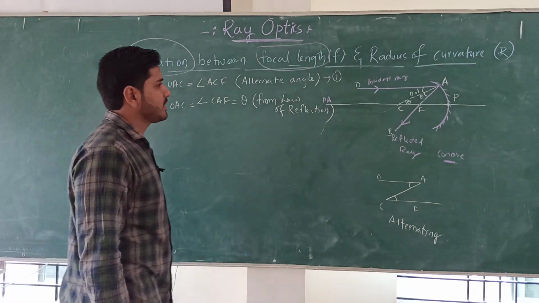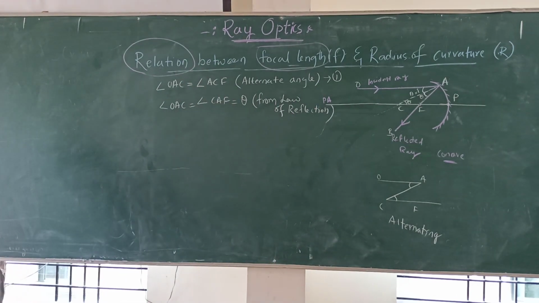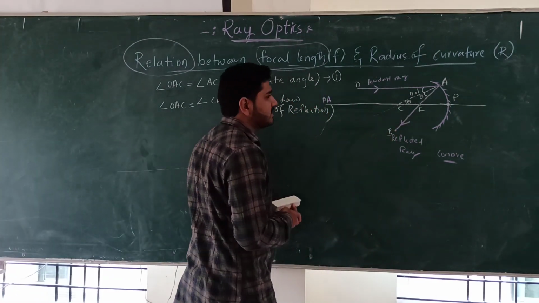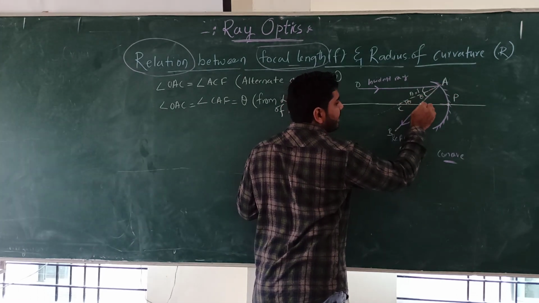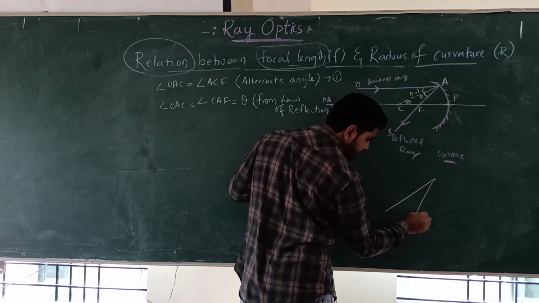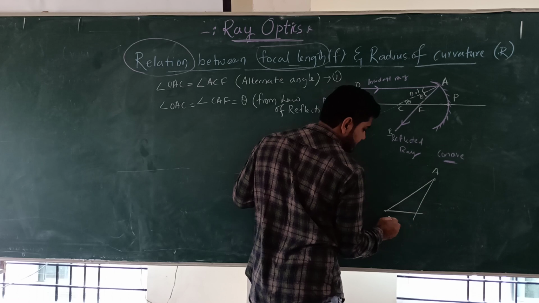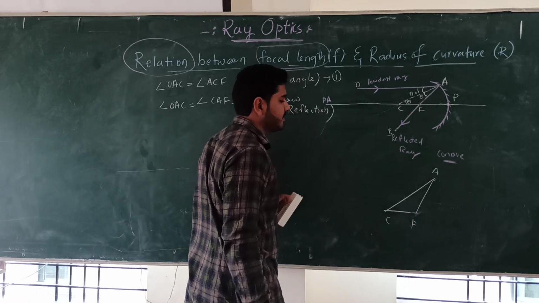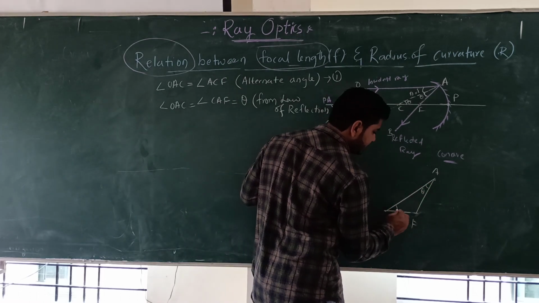Now if you observe, there is one triangle somewhere like this, triangle ACF. See, I am drawing here. These are the triangles, right? This angle is theta, this angle is theta.